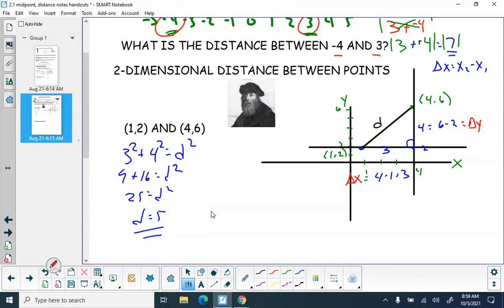So what my distance formula turns into is my distance squared is equal to my delta x squared plus my delta y squared.